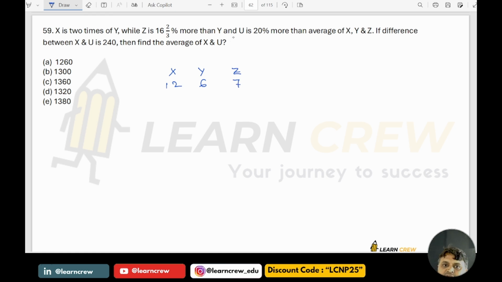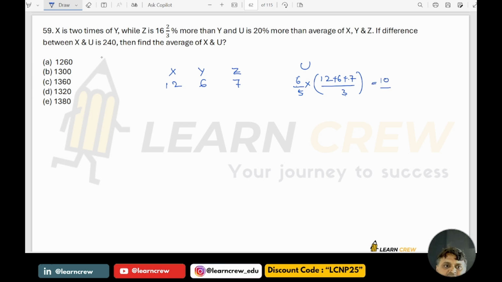And U is 20% more than the average of X, Y and Z. So here U would be 120% of the average of X, Y and Z. So 12 plus 6 plus 7 by 3. 12 plus 6 is 18, 18 plus 7 is 25, 25 by 3 is 5. 2 into 5 is 10. So U would be 10.